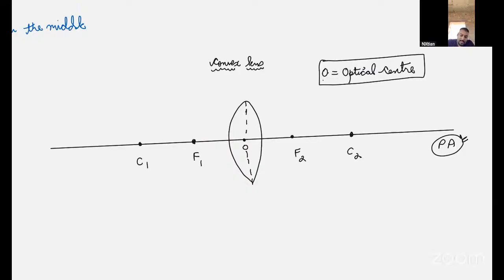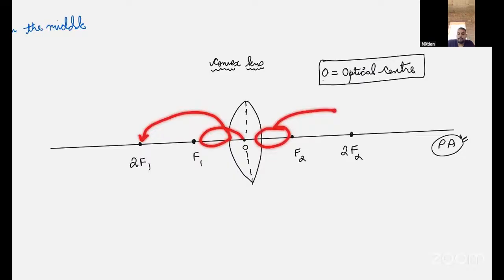Now, in this lens, we will not write here as C1 or C2. We know that it's C1 and C2 only, but we will not write it as C1 and C2. We will write 2F1 and 2F2, which means twice of F1 and twice of F2. Got it? So C1 and 2F1 are the same thing. But in your book it is written as 2F1, so we will take it as 2F.